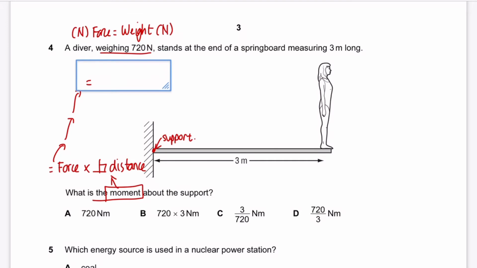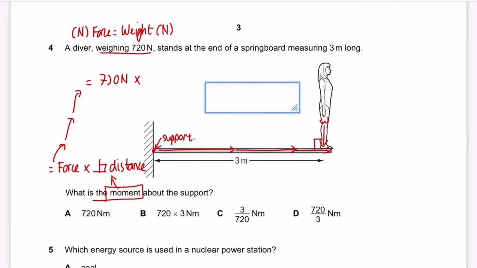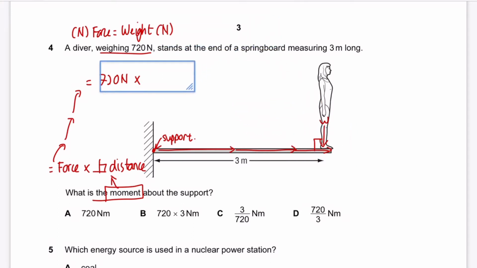So that will be 720 Newton multiplied with the perpendicular distance. Weight is vertical, whereas this distance is horizontal. Therefore, these two are perpendicular against each other. So the distance here is 3 meters.